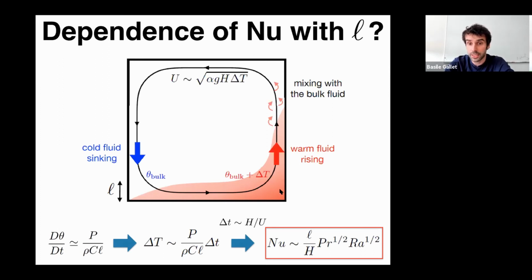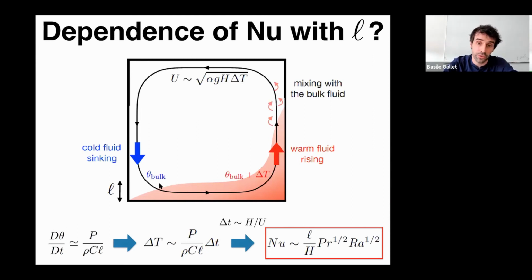And that's where it's going to increase temperature from the bulk temperature to the bulk temperature plus delta T, the typical temperature difference in this experiment. And then it's going to rise and mix with the bulk in a turbulent fashion and relax to the temperature of the bulk.